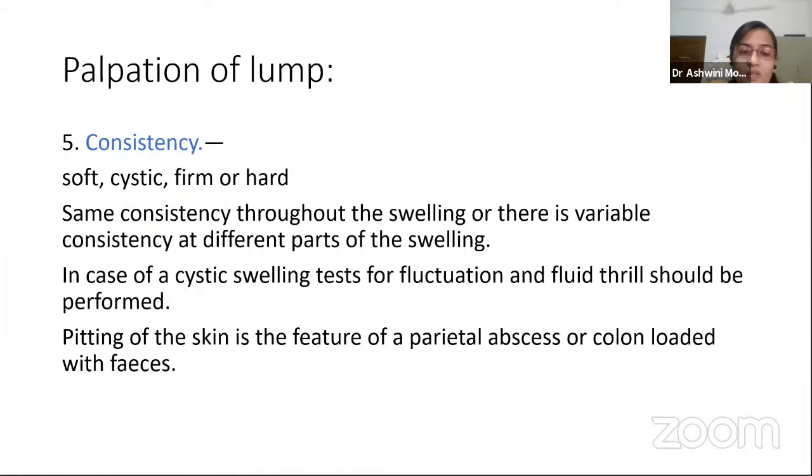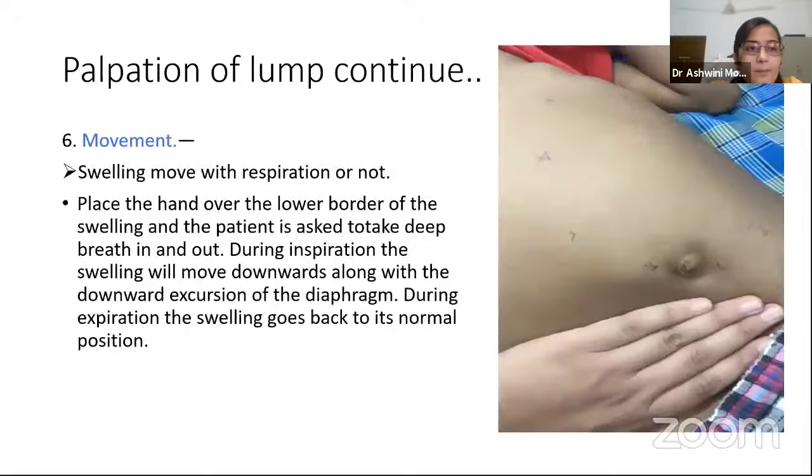As I said before, the colon or cecum is better seen than felt, but if colonic bulging or fullness is seen in the RIF, then we have to palpate it by pitting with the finger. It will have pitting over the skin if it is loaded with feces. So consistency is also important while palpating a lump.